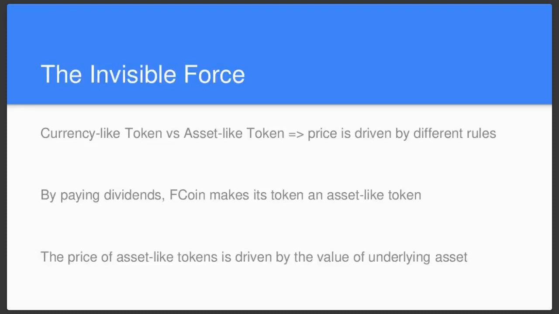But for an asset-like token, for example if you tokenize real estate, the price is driven by the intrinsic value of the underlying asset. If you design the token with a dividend, which is what FCoin did, you basically make its token an asset-like token. That means the price of the token is driven by the value of the underlying asset.